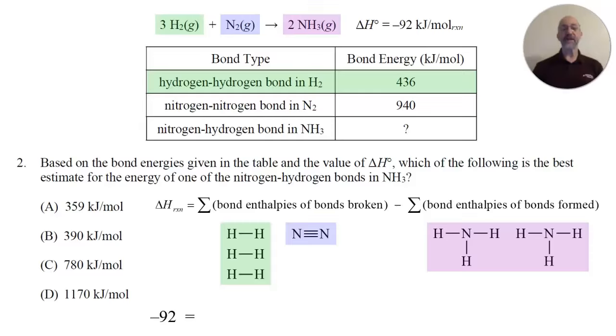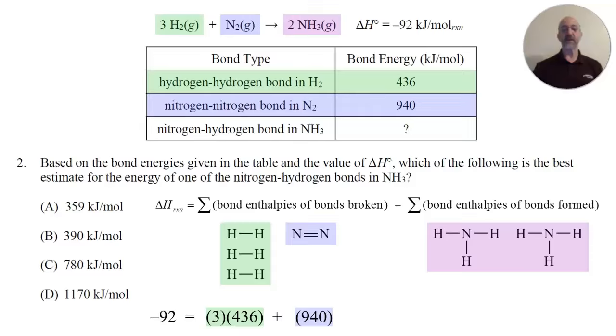So because I have 3 of them, that would be 3 times 436. And I have 1 nitrogen-nitrogen bond in N2, so that would be 940. So these values will give me the sum of the bond enthalpies of the bonds broken in the reactant molecules.